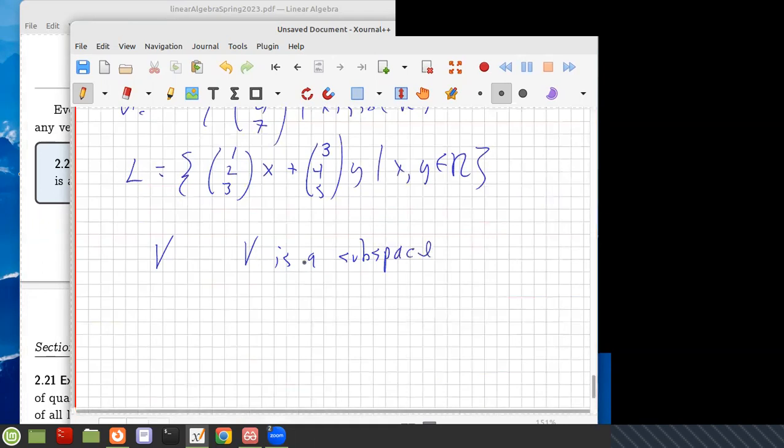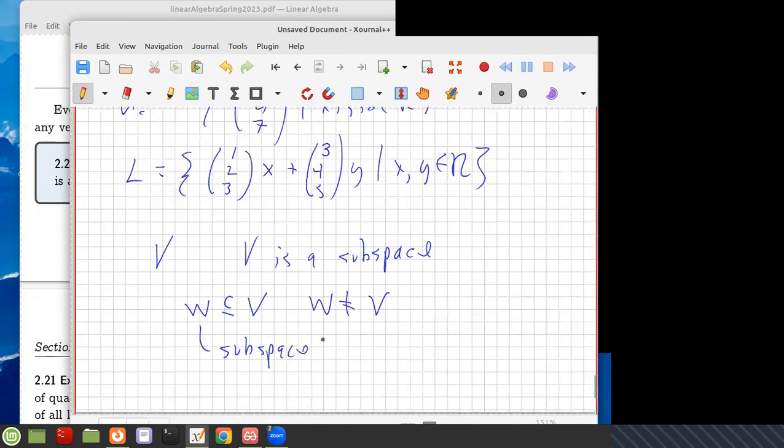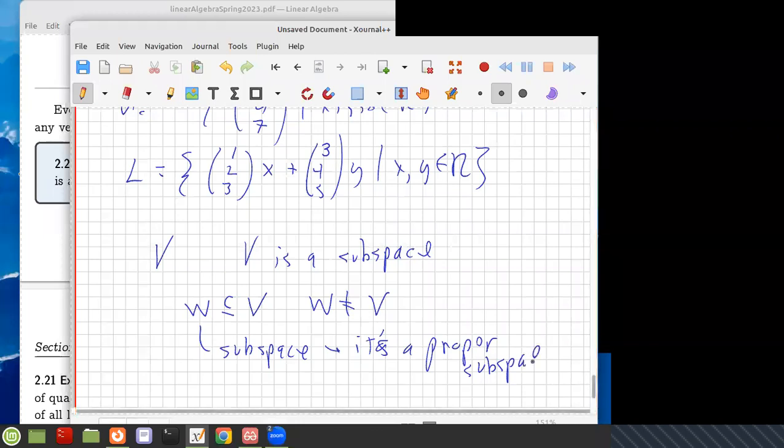But it's not a proper subspace because it's the whole thing. So if you have W, a subset of V, and W is not equal to V, and W is a subspace, then it's a proper subspace. That's the term, because you're more interested in proper subspaces.